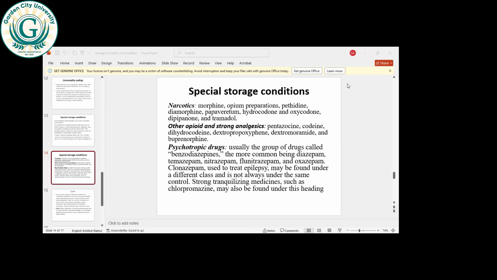Because it's not all facilities that are allowed to have them. When it comes to narcotics, it's not every facility. It might not be part of your essential medicine list. These drugs are prescribed by the medical doctors, and sometimes they know where to pick them.